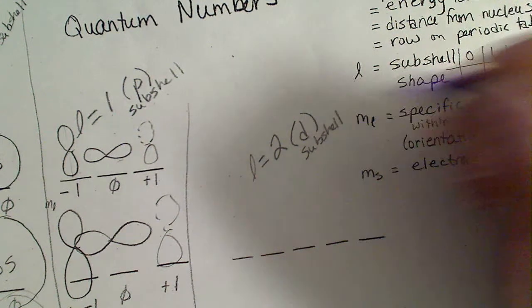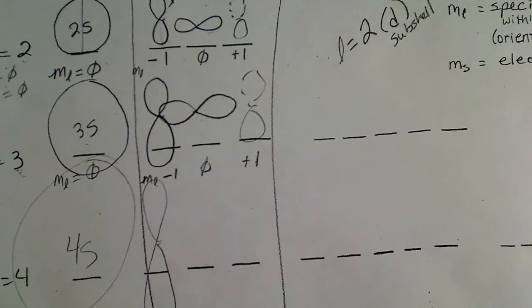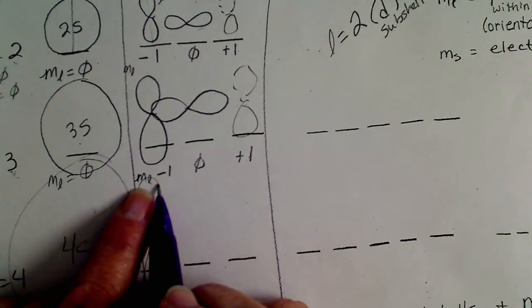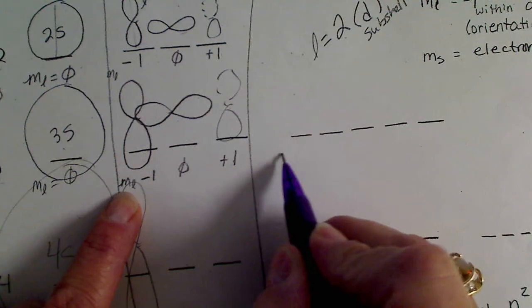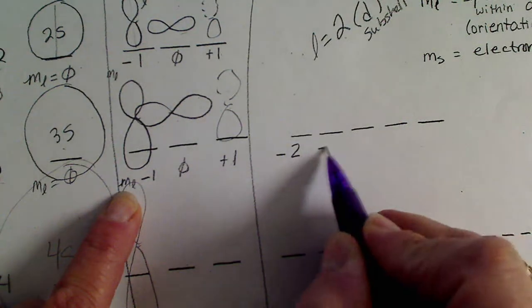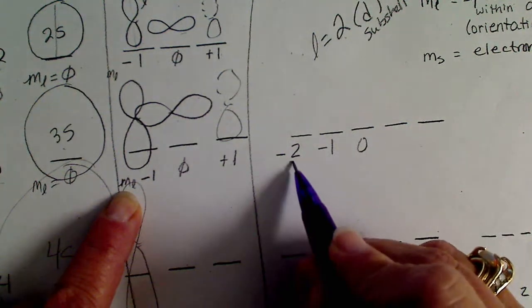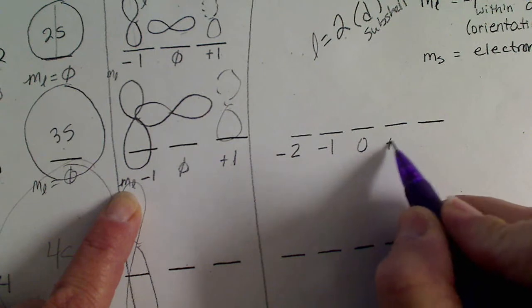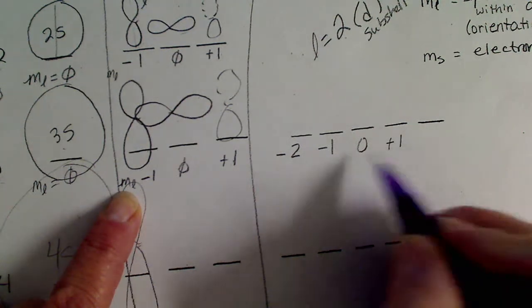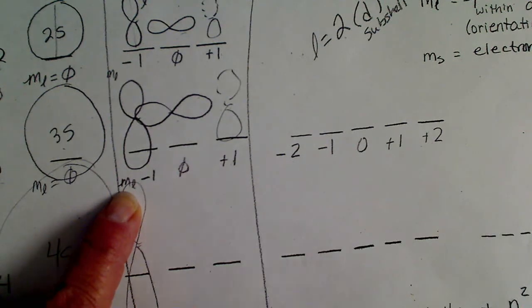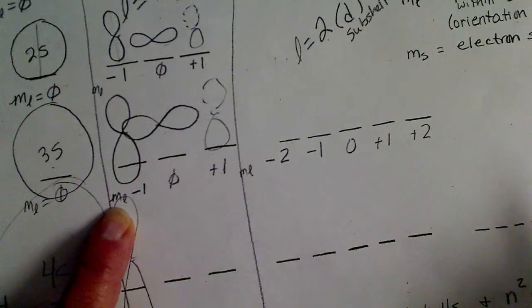If you remember, the d subshell has 5 orbitals in it, and the number of orbitals is the same as the number of magnetic quantum numbers. So since L equals 2, the m sub L values are going to vary in integers from negative 2 to positive 2. Integer just means a whole number, including zero and negative numbers. So again, those would be our m sub L values.